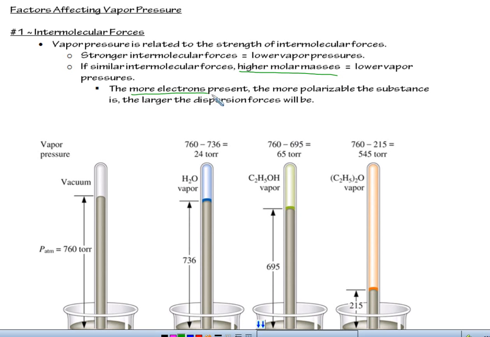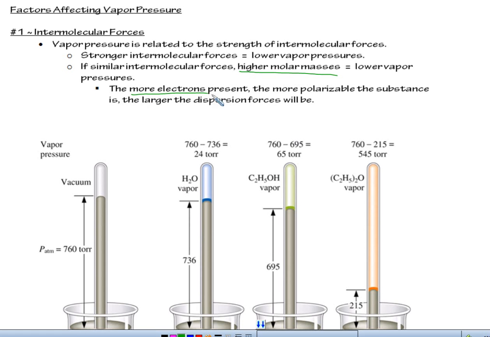If I have particles that all have hydrogen bonds or they all have dipole forces, well, now I look for the particle that has the most electrons. The most electrons means the greatest chance that they could be polarized or unequally distributed around their nuclei. And that would cause slight partial positives and partial negatives, those temporary dipoles.